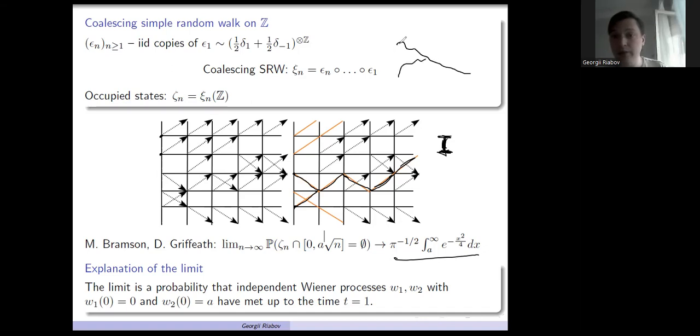Let's imagine that we have the Arratia flow, and assume that in a segment of length A, there are no trajectories of the Arratia flow.